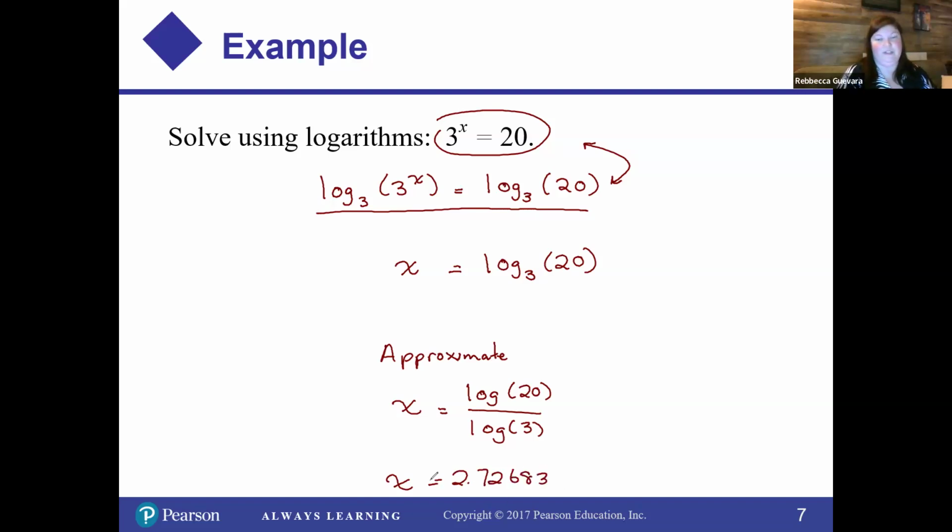We'll round it to about there. So that would be the approximate answer. So this would be the exact solution because this is going to be an irrational number. So no matter what I do, I have to round it if I try to make it into a number.